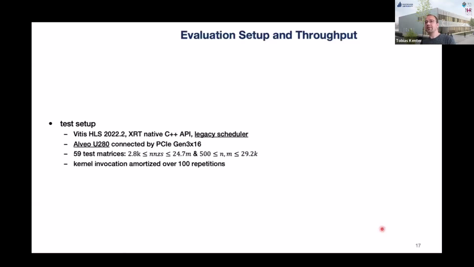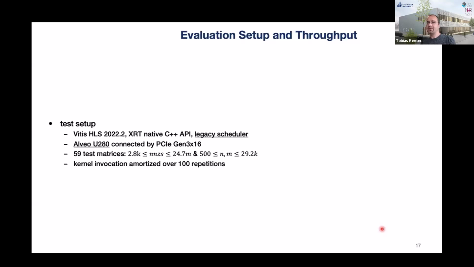Let's look at the test setup. We have used the XRT native C++ API for the host code, and we have to use a legacy scheduler because the overall number of kernels doesn't work properly with the other scheduler variants.